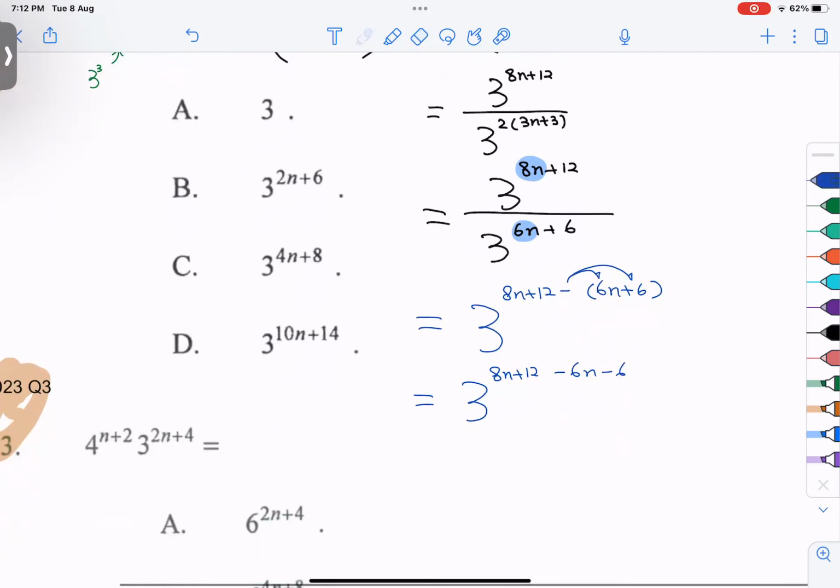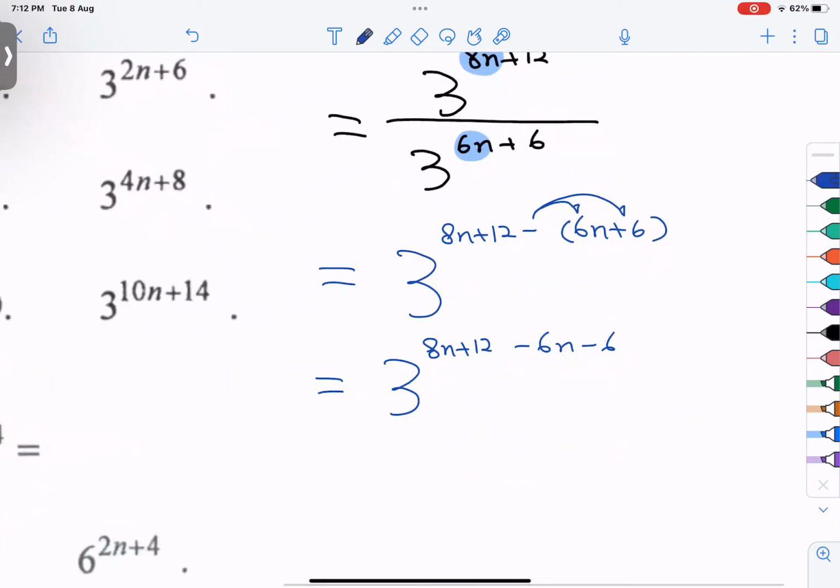And then deal with the unknowns. 8n, -6n. And then 12 -6.